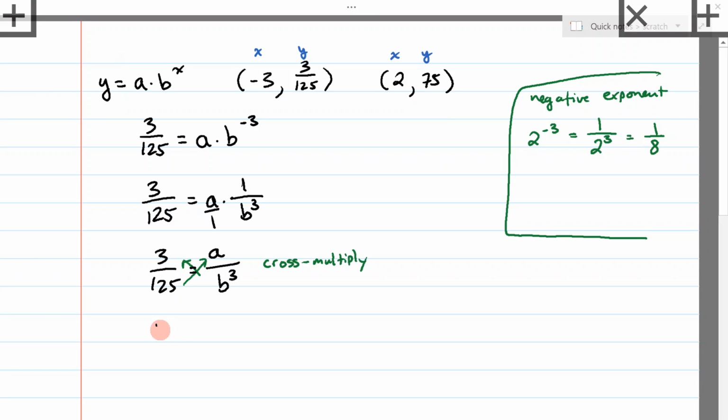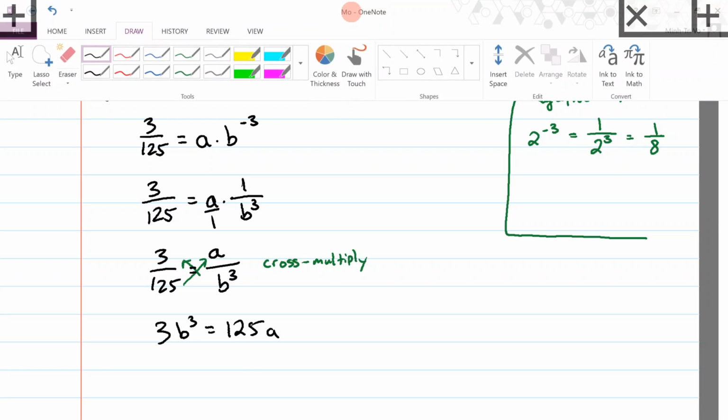So you get 3 times b cubed on the left, and 125a on the right. Still both a and b are unknown, so we're going to solve for a in terms of b.